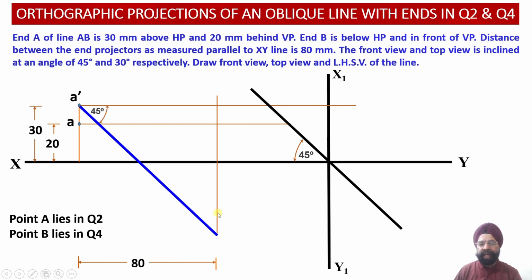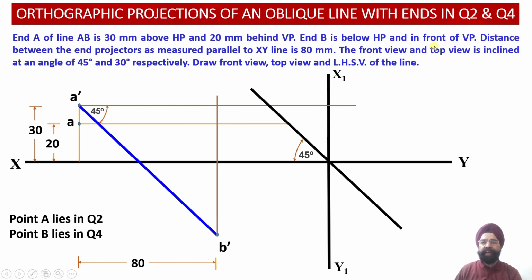And this end projector line lies at a distance of 80 millimeter from the end projector of the end A. So wherever we obtain the intersection of these two lines, we are going to get the point B dash. So the A dash B dash front view projection of this line has been obtained.